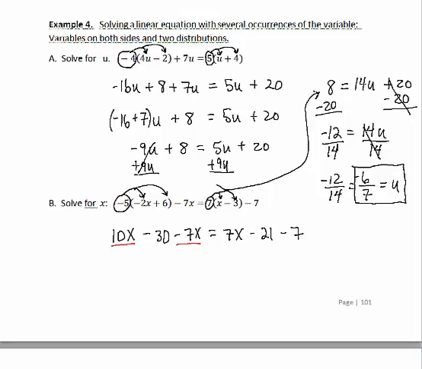And then on the right side, we have a negative 21 and a negative 7 that can combine. We are not moving these across the equal sign. We're just combining them with something that's already on the same side. So we use the signs that they have already. 10 minus 7 is a 3x.